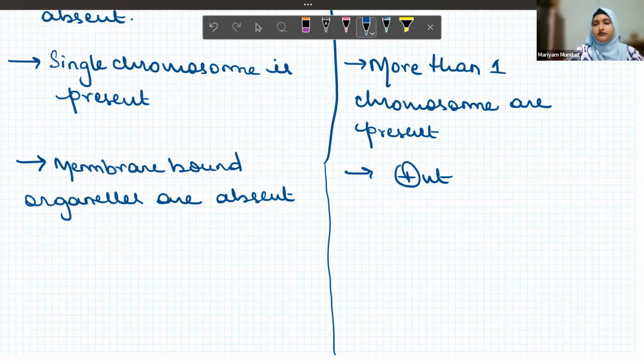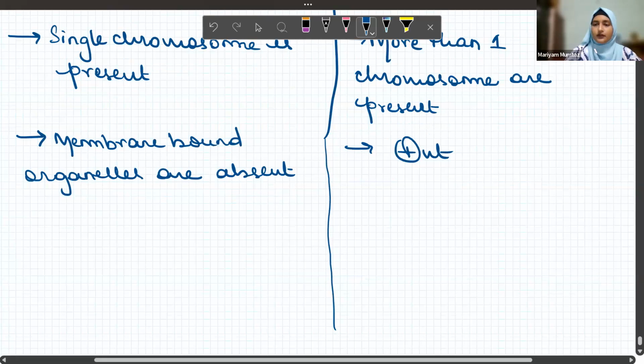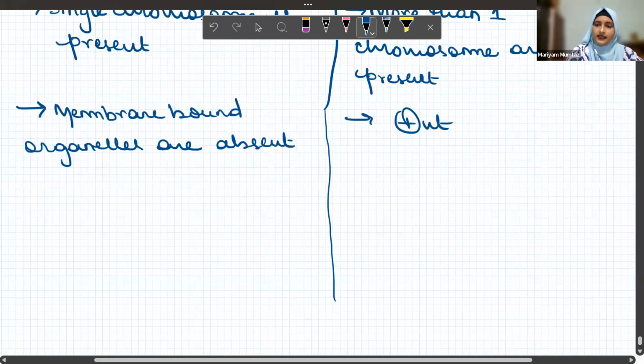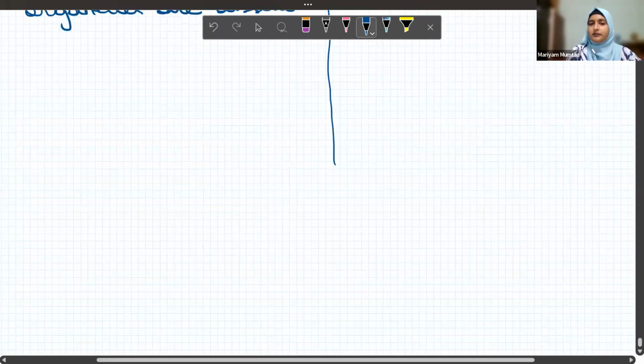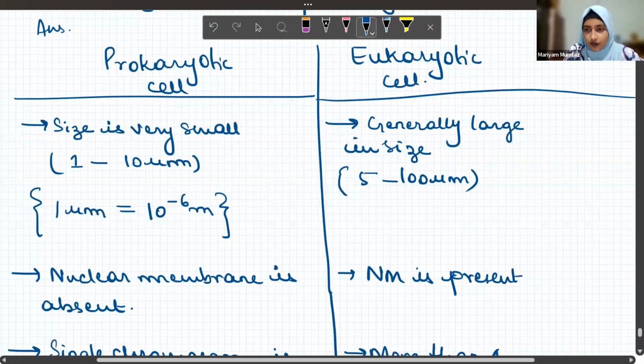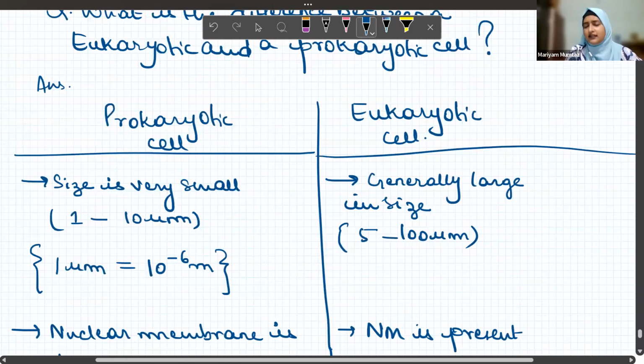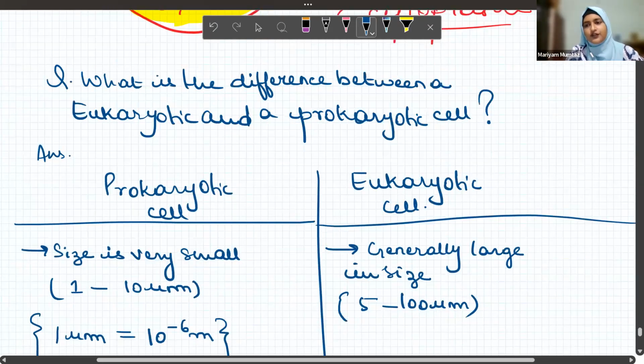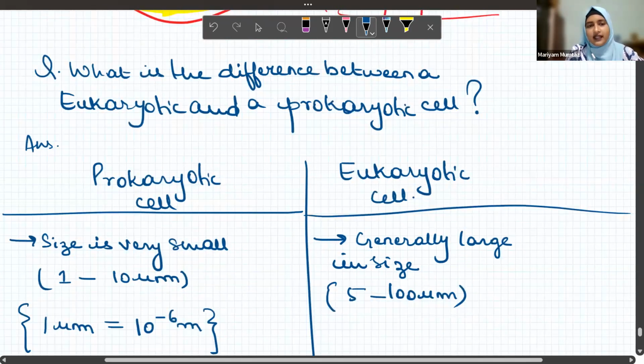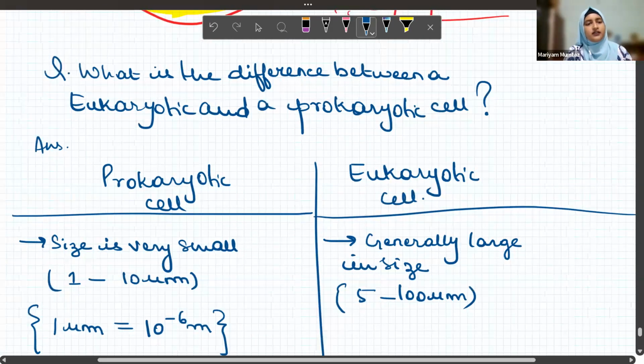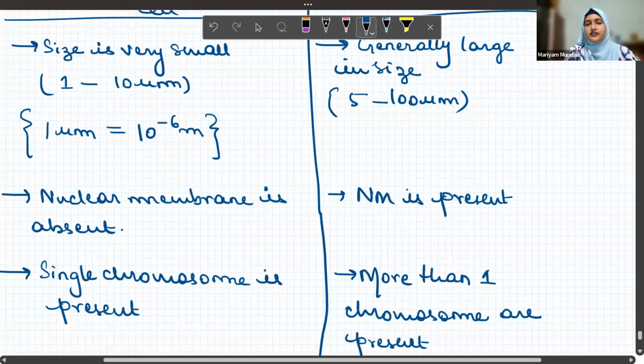Have you written it down? Okay, good. This is the basic difference that you must know, and it might be asked in your test.